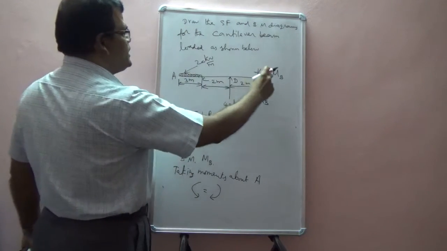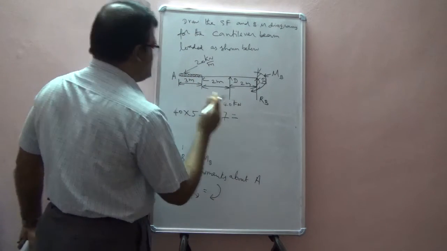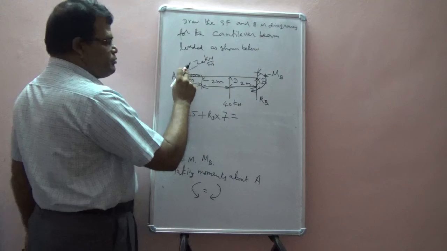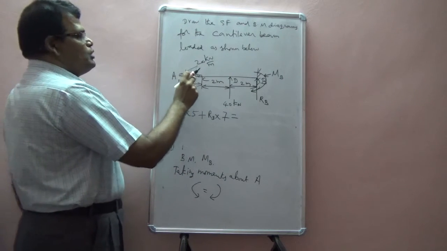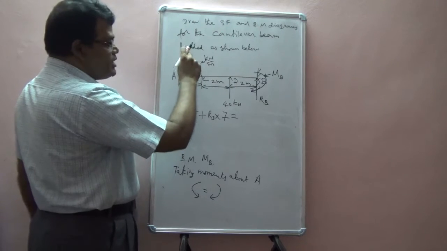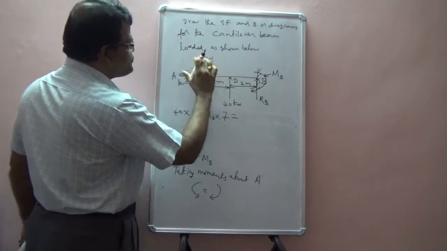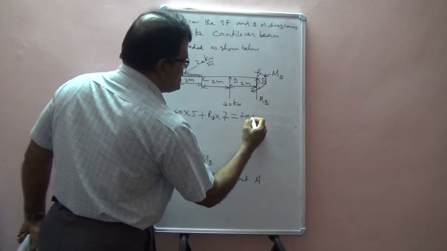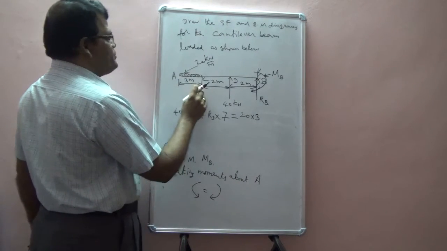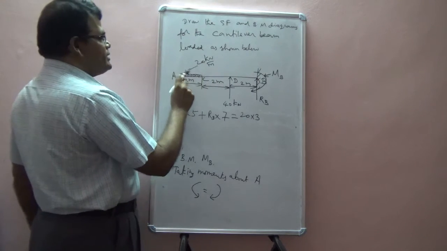These are the two moments which are acting in the anti-clockwise direction. There is no other force producing anti-clockwise moment, therefore this will be equal to the clockwise moments. The uniformly distributed load will produce a clockwise moment because it is acting vertically downward. So what is the magnitude of this force? That is 20 multiplied by this distance 3, the magnitude of the total load acting in this area.